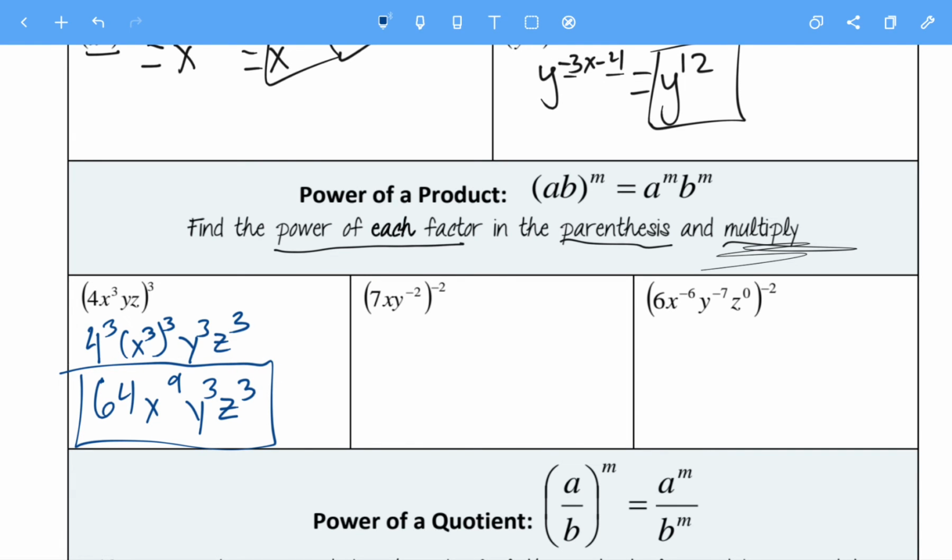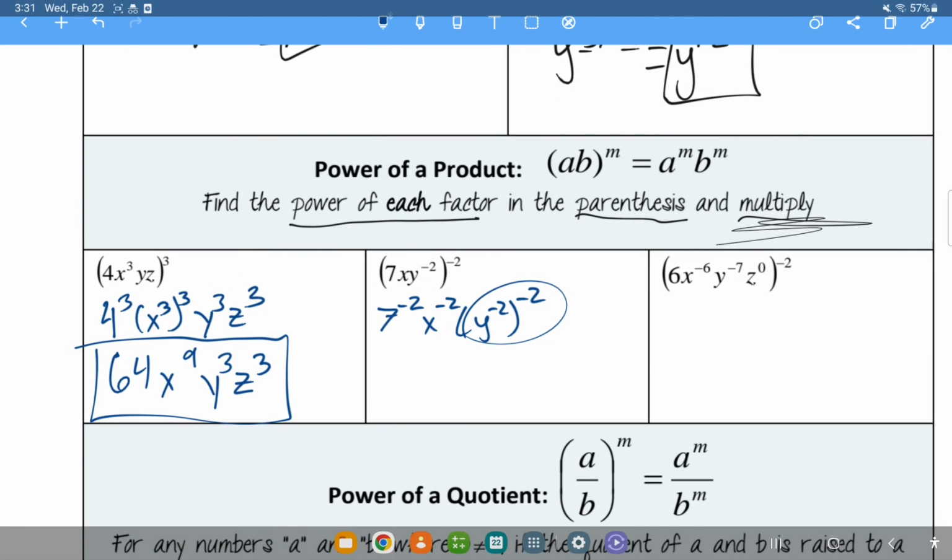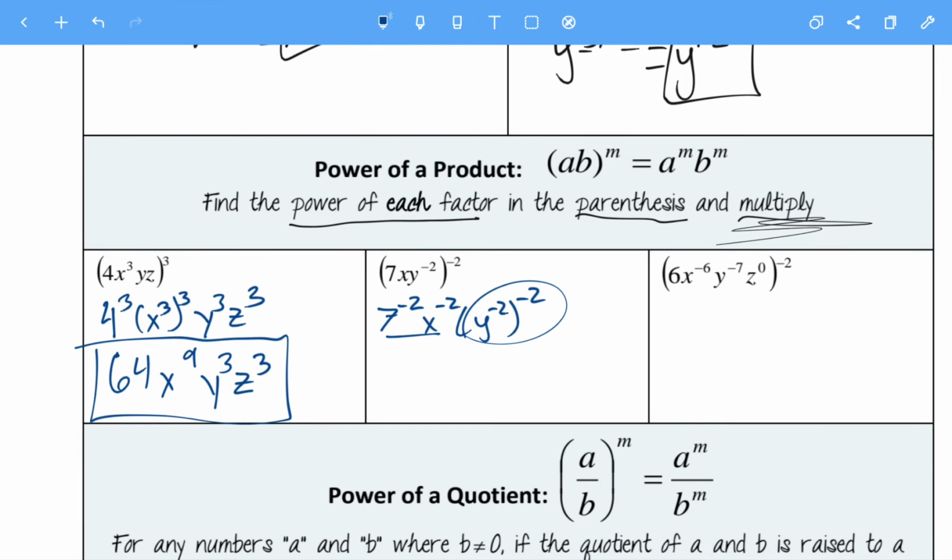This works with negatives as well. So we have 7xy to the negative 2, all raised to the negative 2. So we get 7 to negative 2, x to the negative 2, parentheses, y to the negative 2, all raised to the negative 2. Now, I know this is going to become a positive exponent, but since both of these are negative, we're going to bring them down.